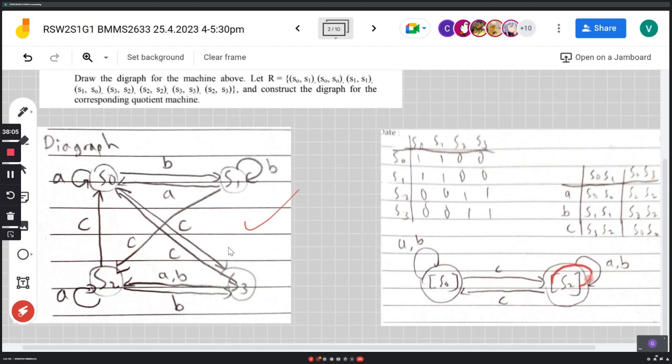If you use S2 for this class, then you go back to S2, not S3. And the input C here will go to S0. So S2 after input C goes back to S0. So you get what we call the corresponding quotient machine diagram.